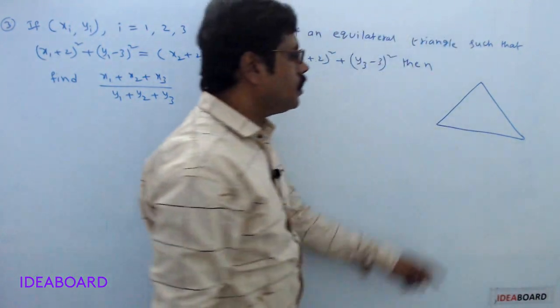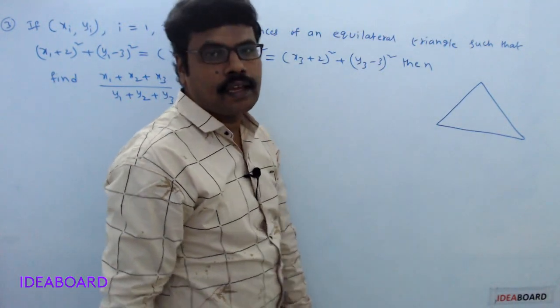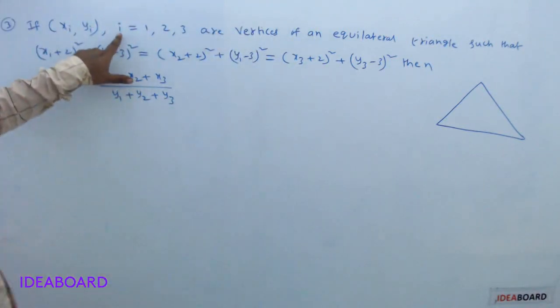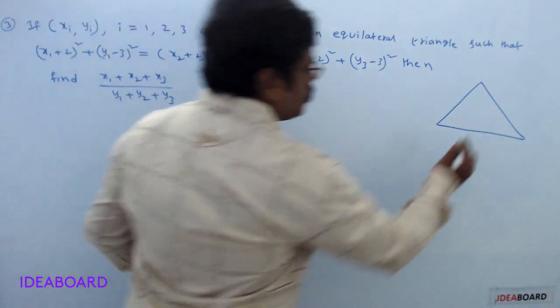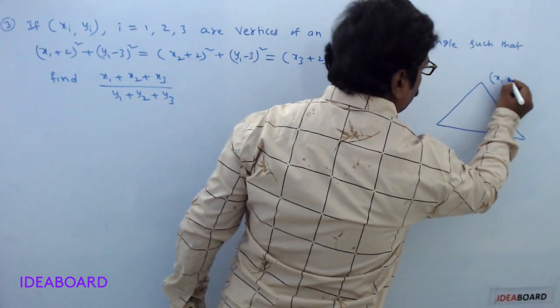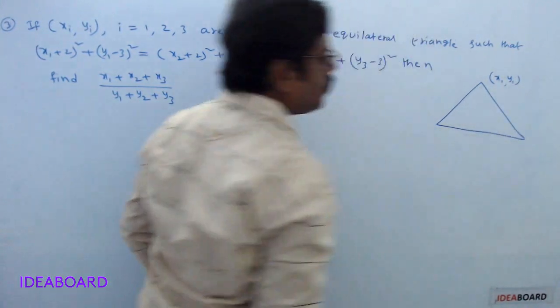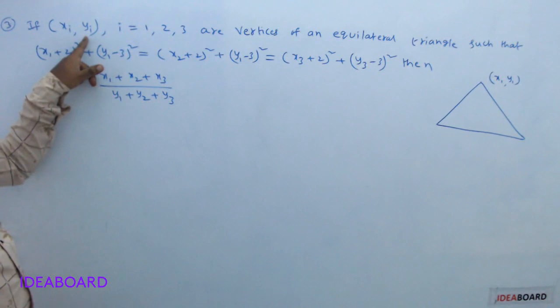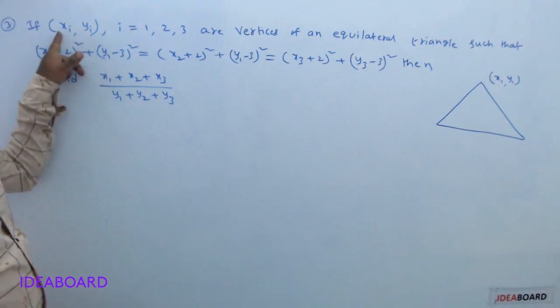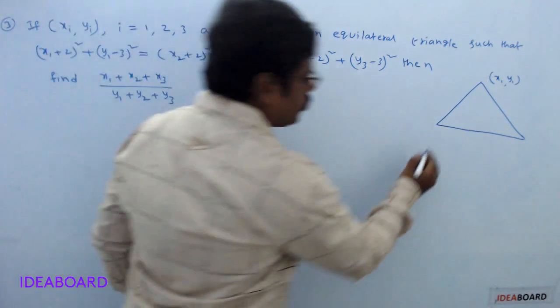Now what are the vertices of the triangle? By substituting i equals 1 in this point, we get x1, y1. So the first vertex will be x1, y1. By substituting i equals 2, the point coordinates change to x2, y2.